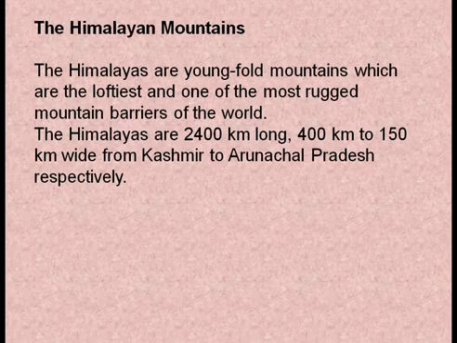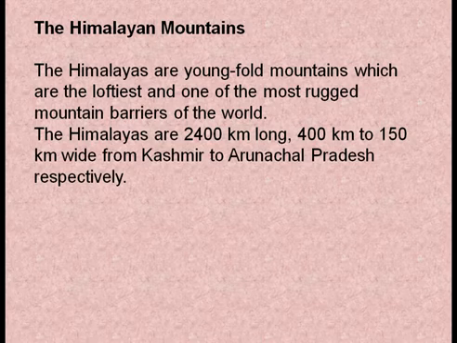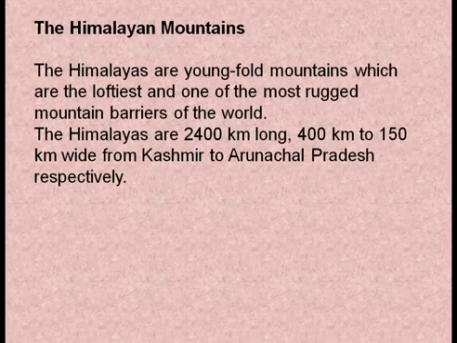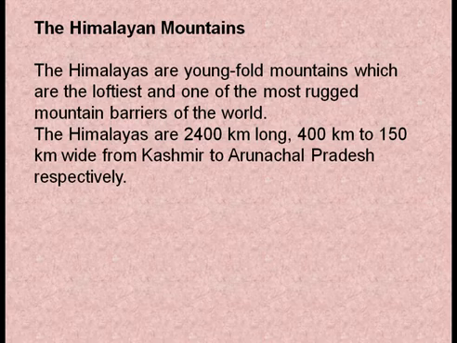Then you will get 5 marks. Otherwise, if the question is of 3 marks, you have to write only the features and don't use incorrect data. Just 2400 kilometer is there or 400 kilometer is there, so mention that data only.